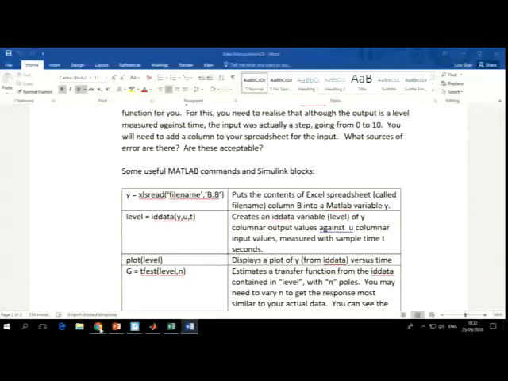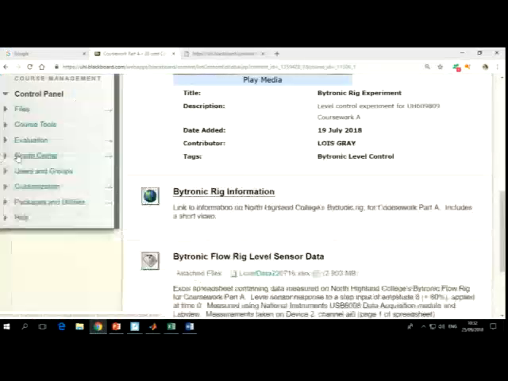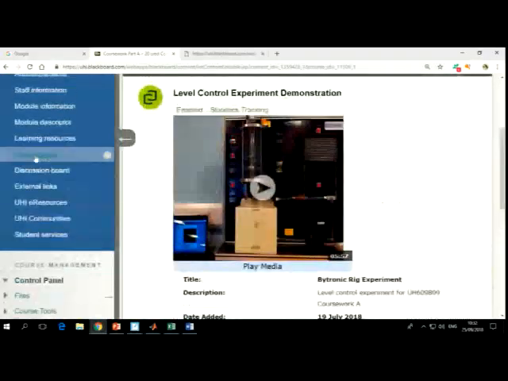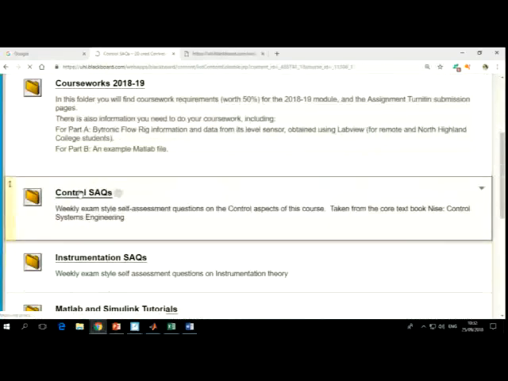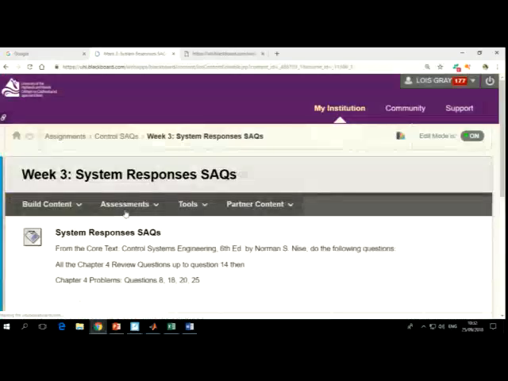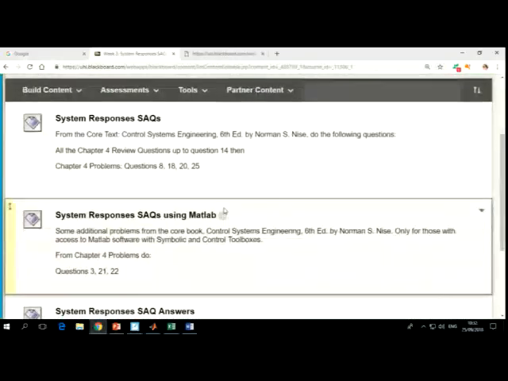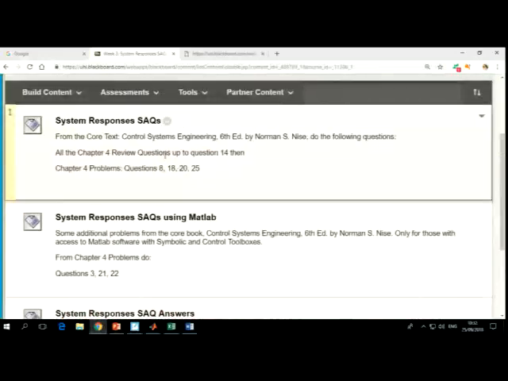There are assignments for this week as well, as always, in the assignments folder. We're on week 3. So this time I'm assuming that you have the book by now, so I haven't given you the questions, I have given you answers, right? But it's just these questions here.